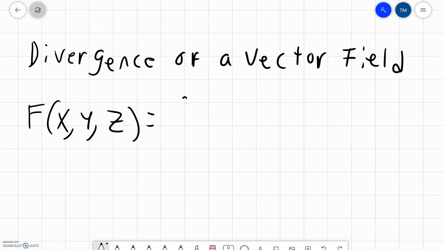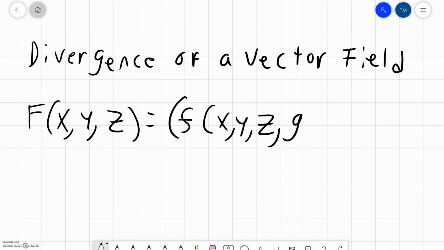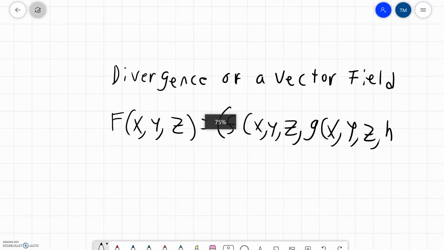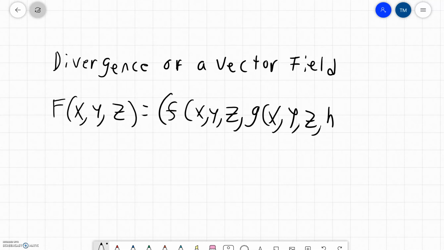where we have a function f of x comma y comma z, a function g of x comma y comma z, and we also have a function h of x comma y comma z.